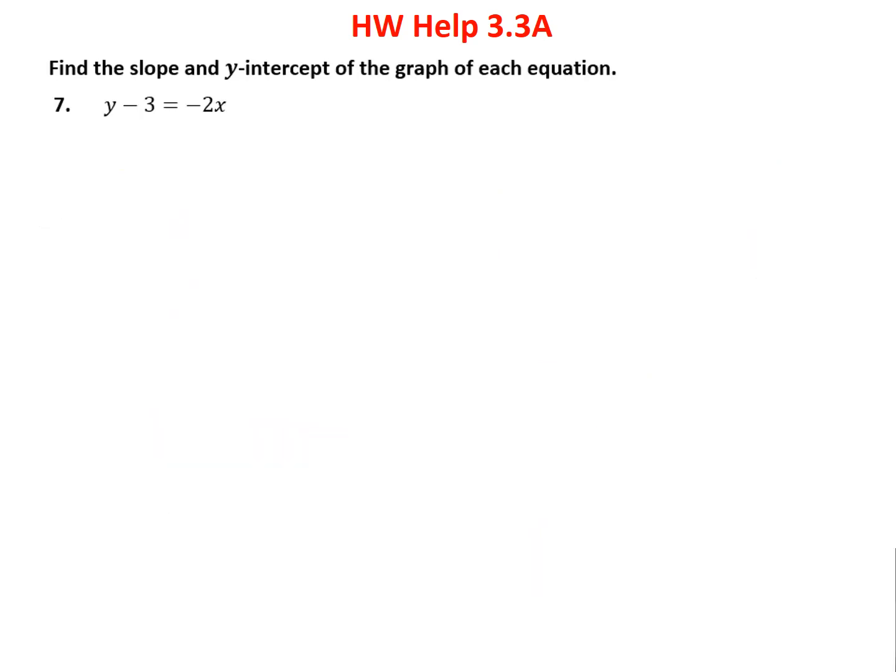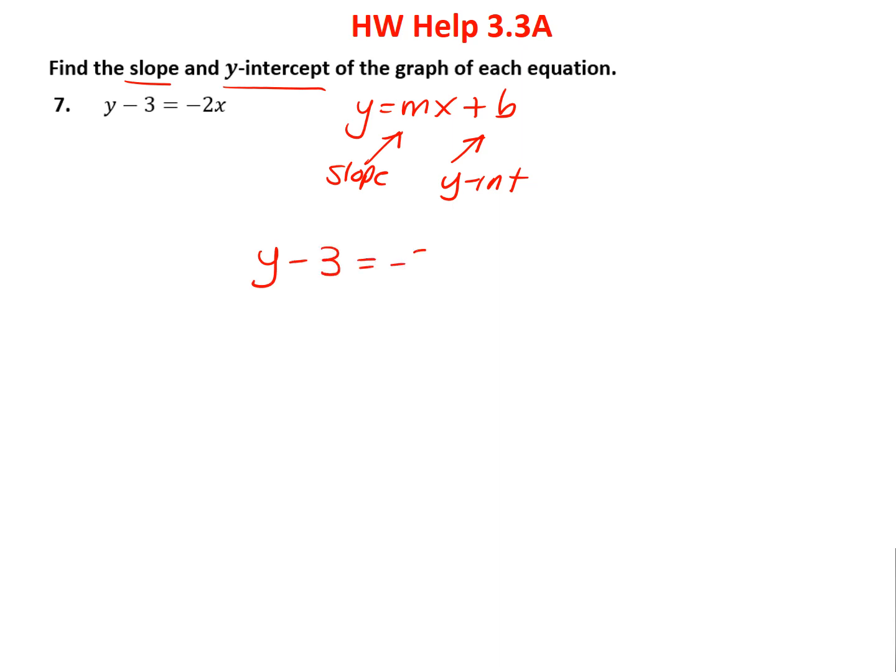Problem 7 asks us to find the slope and the y-intercept of the graph. What we're going to want to do here is simply put this into the form y equals mx plus b, because that's our slope and that's our y-intercept. Now we start with the function here, and you notice we have to get rid of this minus 3 on the other side.